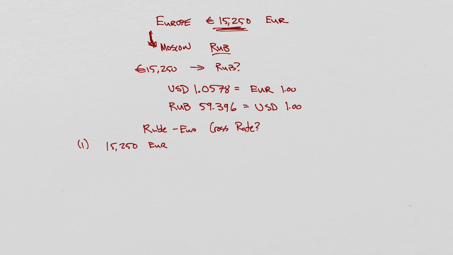So if the exchange rate is €1 buying more USD, then I know I'm going to need to multiply if I'm going to go from euro to USD to get that bigger number. That exchange rate of 1.0578, that's the number I'm going to multiply by, USD per euro.